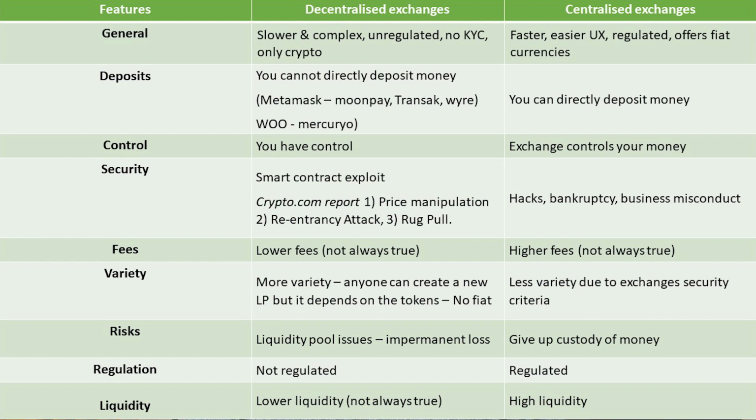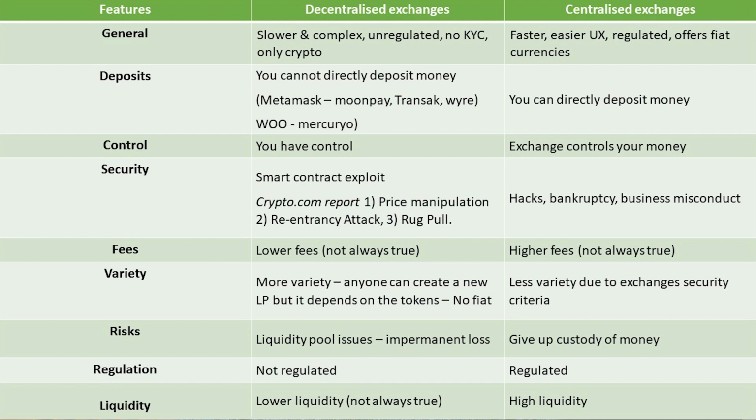Now, regarding deposits, you cannot directly deposit money on a decentralized exchange. Again, the exceptions are MetaMask, which has a third-party card processor, MoonPay, and also 1inch, which has a card processor as well, so you can deposit your money directly. On a centralized exchange, you can directly deposit money, but that's not always true because some banks are not crypto friendly and won't allow you to deposit money.